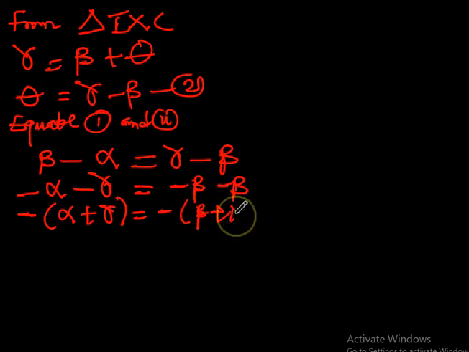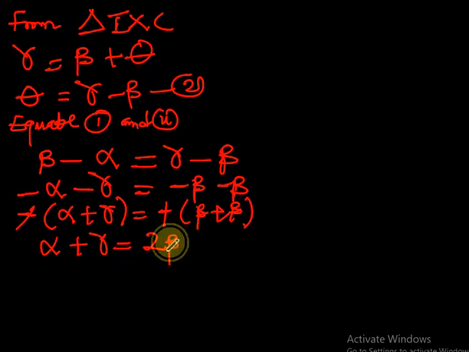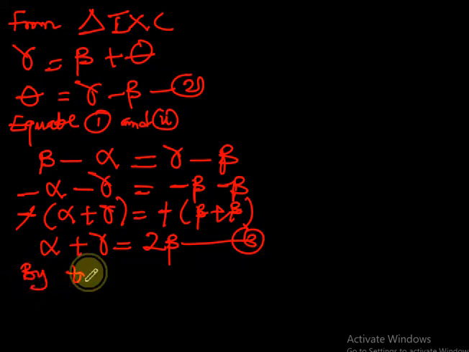So the negatives cancel, and I have alpha plus gamma equals beta plus beta, which gives you 2 beta. Call this equation 3.